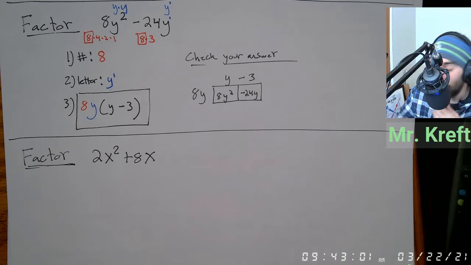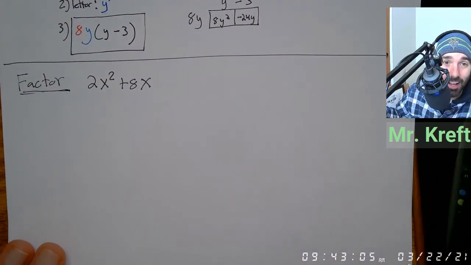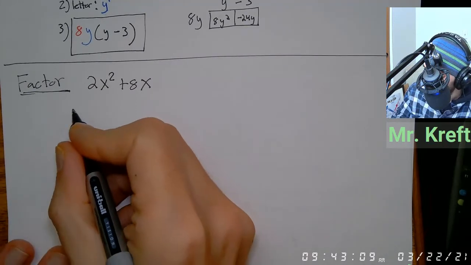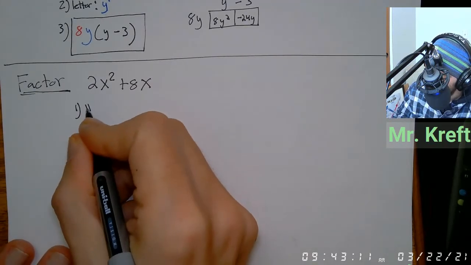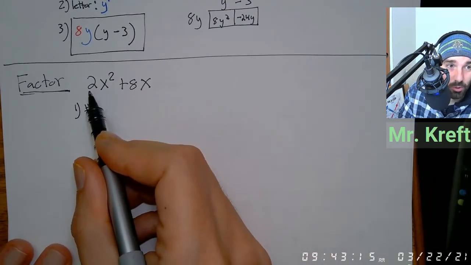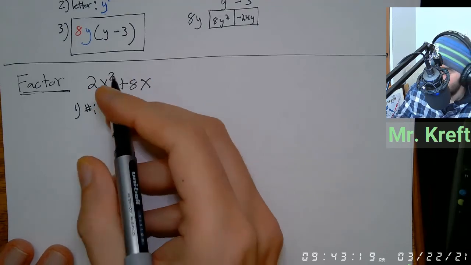All right, guys. So hopefully, if you didn't get all the way to the answer, you got further than you did last time. So let's take a look here. I got my number. So I'm going to look at my smallest number, which is 2, right? That's just 2 and 1. Does 2 go into 8? Sure does.